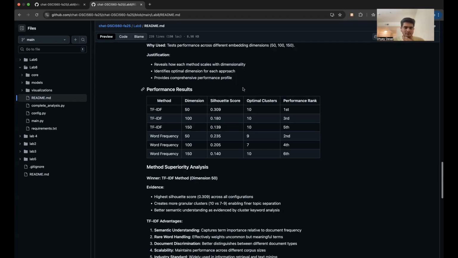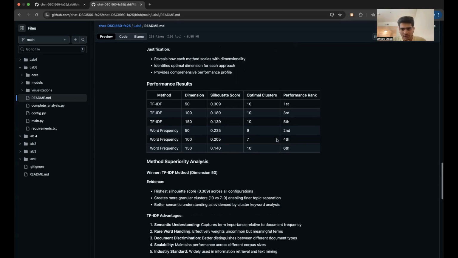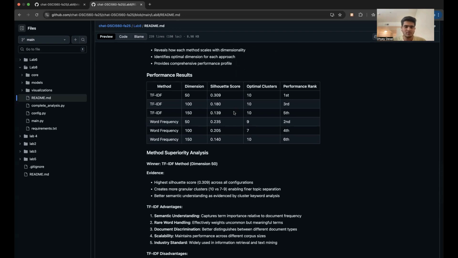Talking about the results, TF-IDF performs best at dimension 50 with a silhouette score of 0.309. It creates 10 distinct clusters, each representing different programming topics like Rust development, web frameworks, and software engineering.